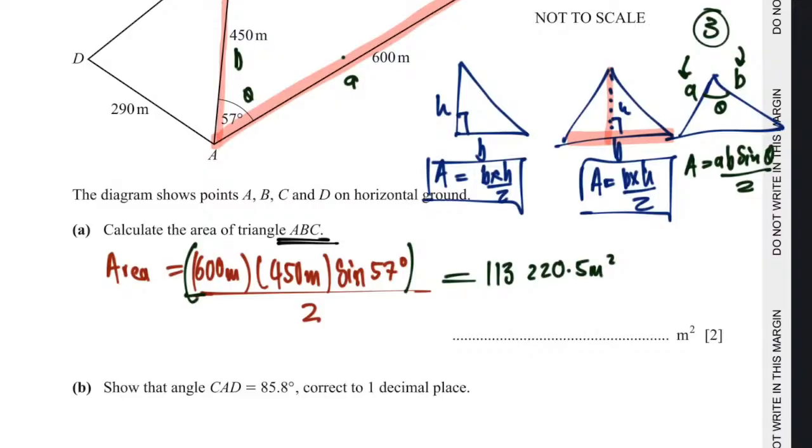All right. This is the final solution. Show that angle, whatever. If they say show that angle CAD is this, they're just trying to say find angle CAD. Let's go and see which angle that is. So we erase this. Angle CAD is the angle at A, in triangle CAD.